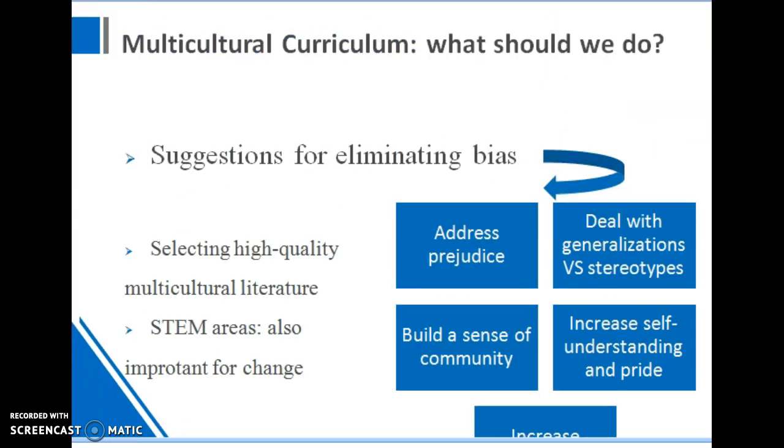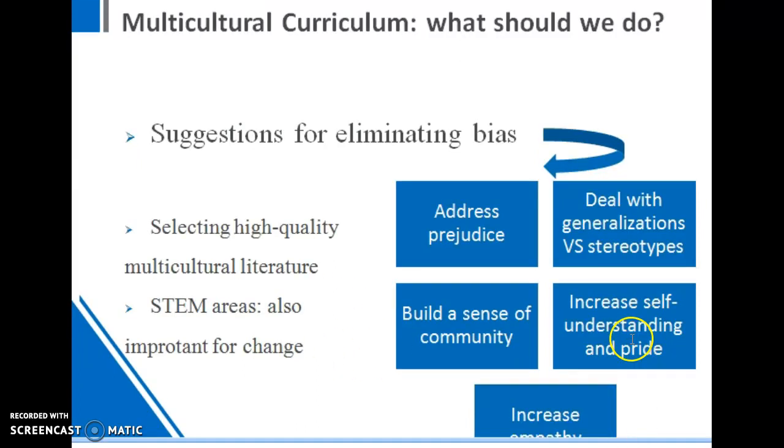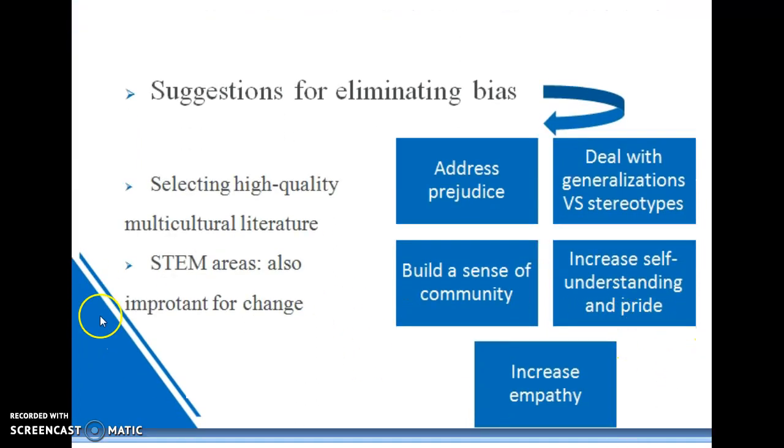Okay, next. So we have the current bias in our curriculum. What should we do to eliminate this bias? Some suggestions include that we should address prejudice in a more obvious way, deal with generalizations and various stereotypes, and build a sense of community.